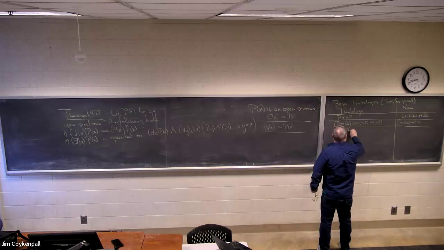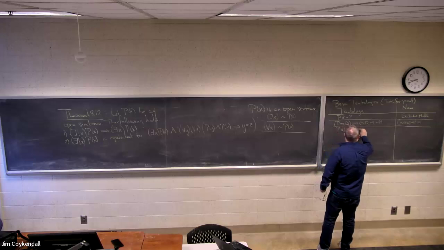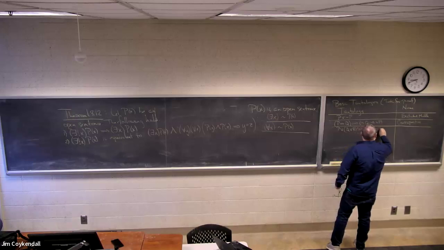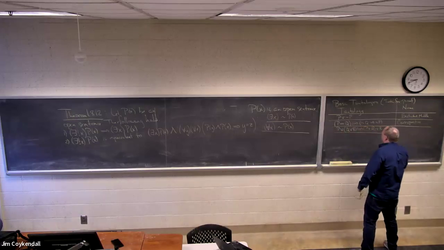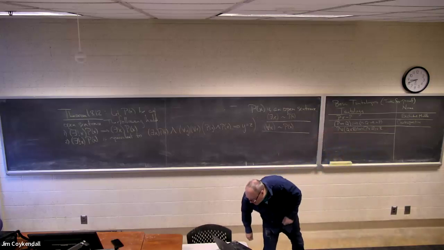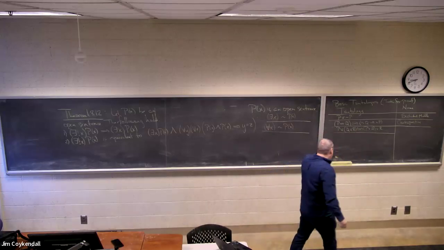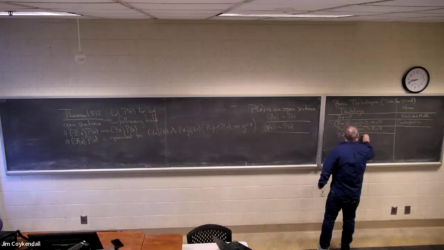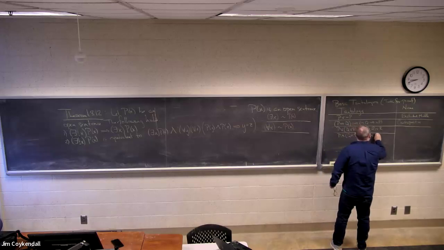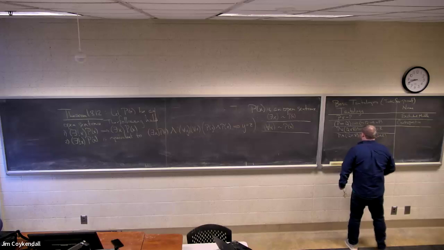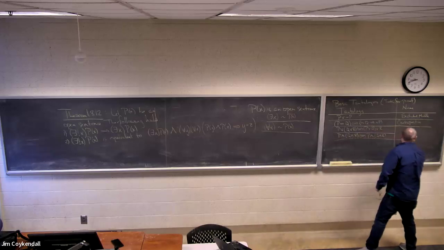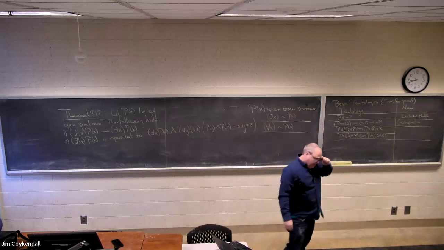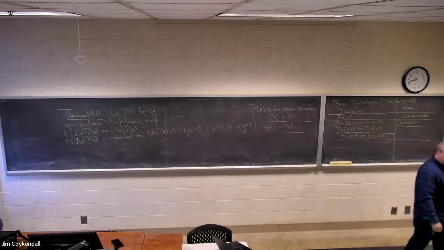P or (Q or R) is equivalent to (P or Q) or R. And P and (Q and R) is equivalent to (P and Q) and R. This one, anybody know what this one's called?